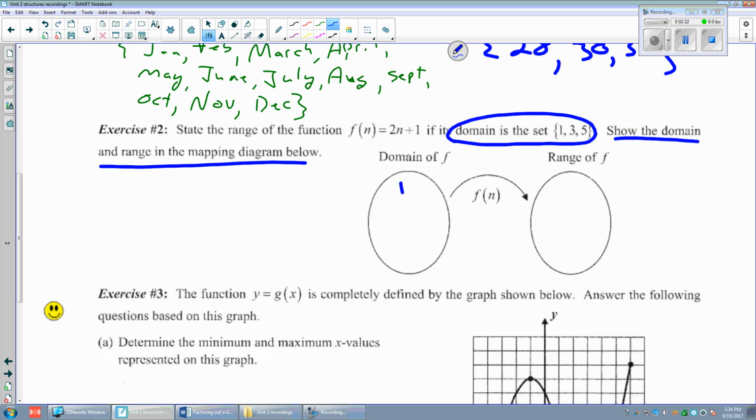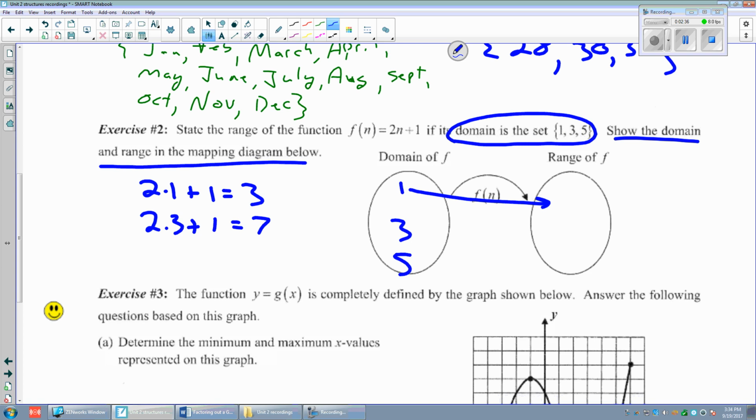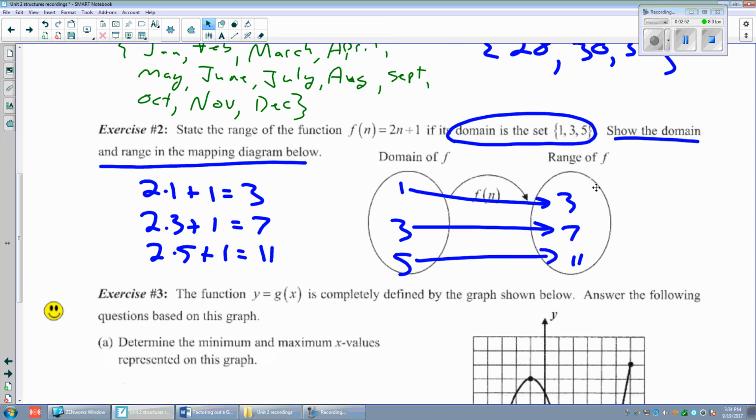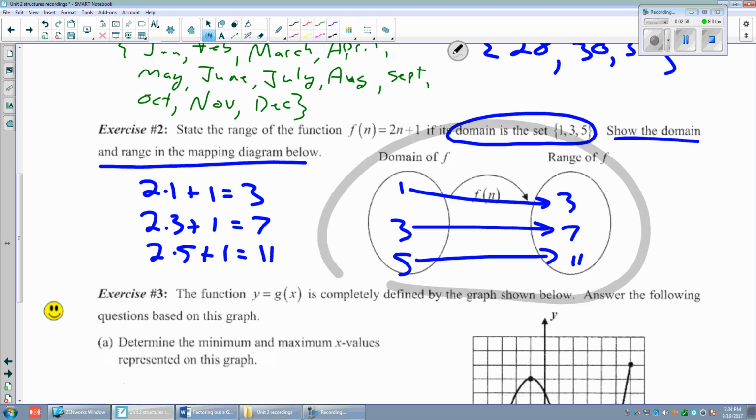Domain is 1, 3, and 5. 1 goes to, let me see, 2 times 1 plus 1 is 3. 2 times 3 plus 1 is 7. 2 times 5 plus 1 is 11. 1 goes to 3. 3 goes to 7. 5 goes to 11. Simple as that. Do I need the arrow? Yes. This is exactly the way your answer has to look like.